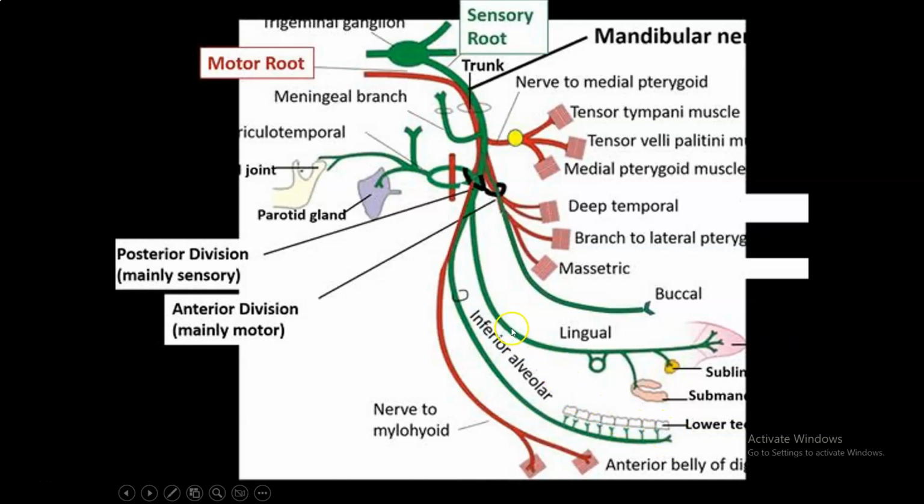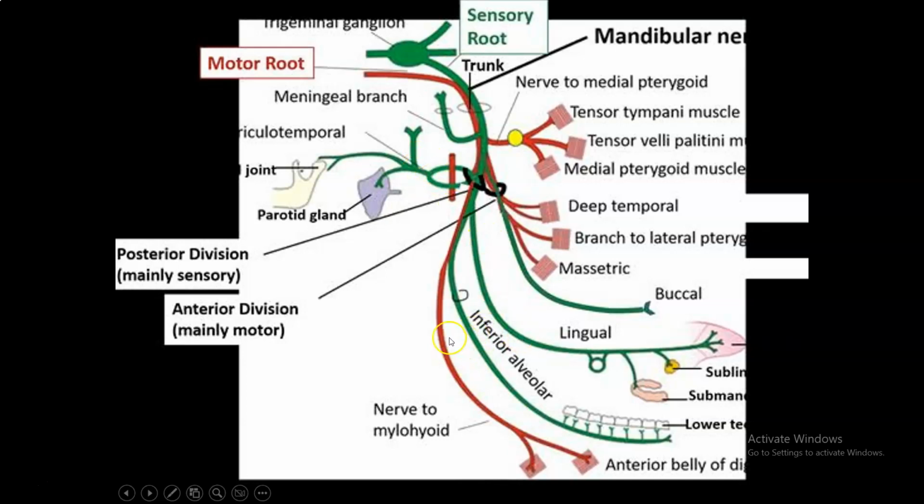It is mainly sensory. The lingual nerve is a very important sensory nerve. The inferior alveolar is a very important sensory nerve. And the auriculotemporal nerve gives sensation, as we said, to the temporomandibular joint, the parotid, the area in front of the ear, the external canal, and the temporal region.